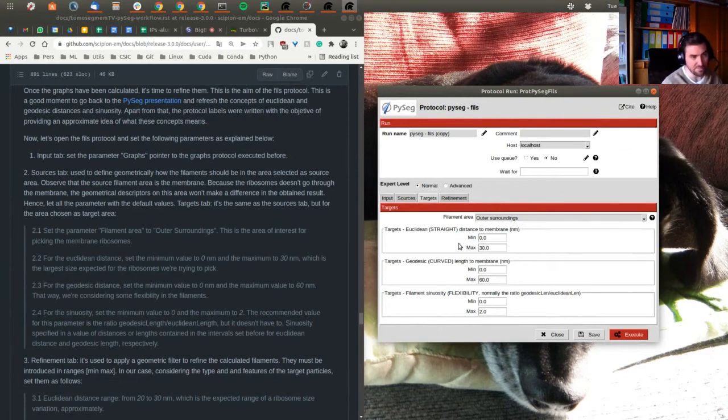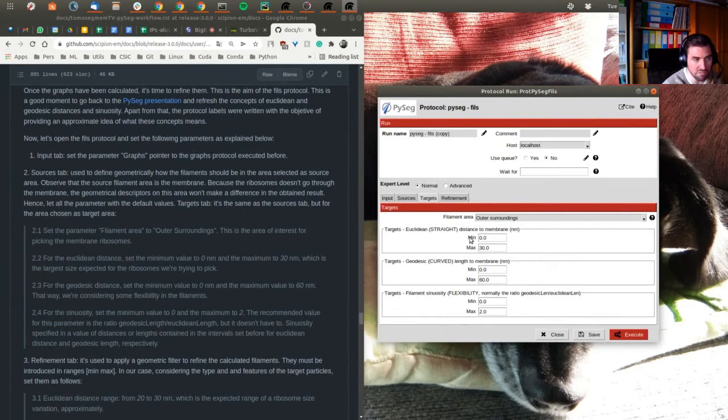So I don't want filaments. My filaments, I'm going to pick them from my graphs, the ones which, if I measured them from 0 to 30, which is the maximum size I expect for my particles, I picked these intermediate values.